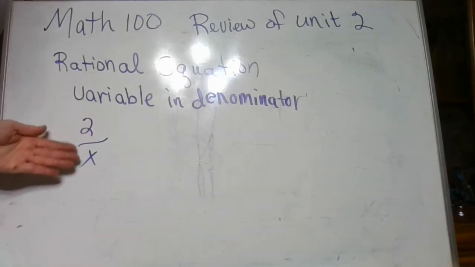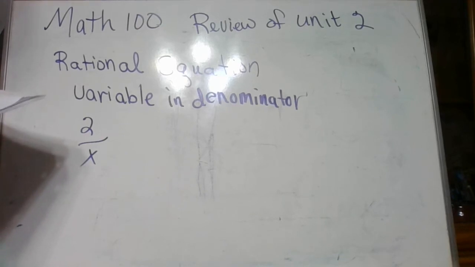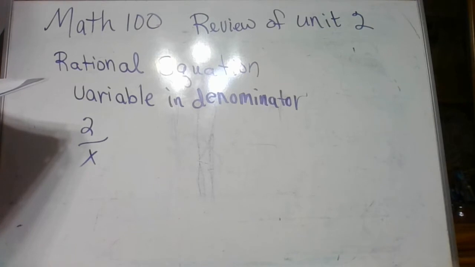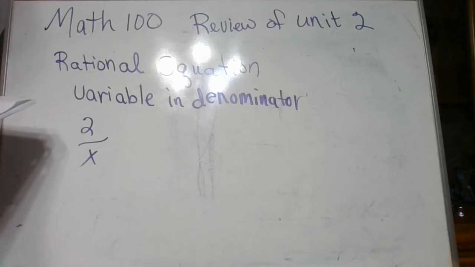It's a fraction, it has a variable in the denominator. Again, we're going to use inverse operations to isolate the variable, or we can use proportions, where you cross multiply and the cross products are equal. Or we can multiply the equation by a common denominator and then solve the resulting equation.